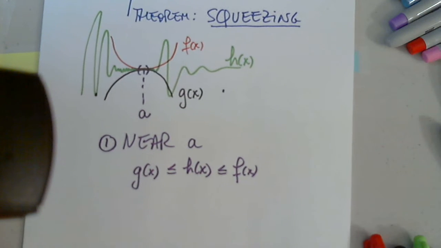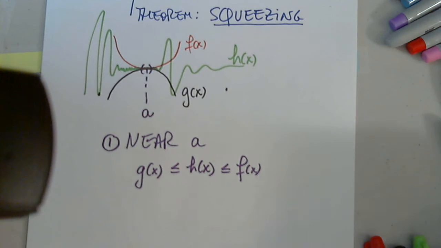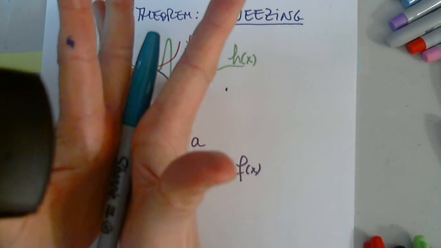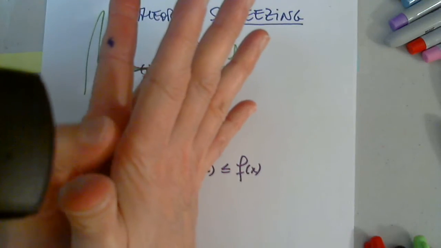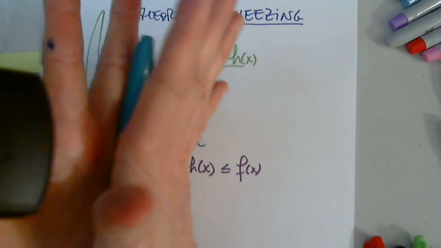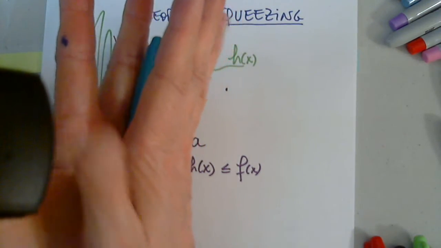Anyone? Yeah, because they're stacked like that. Correct. In other words, they're squeezed. So this is f, this is g, and right here in between is h.